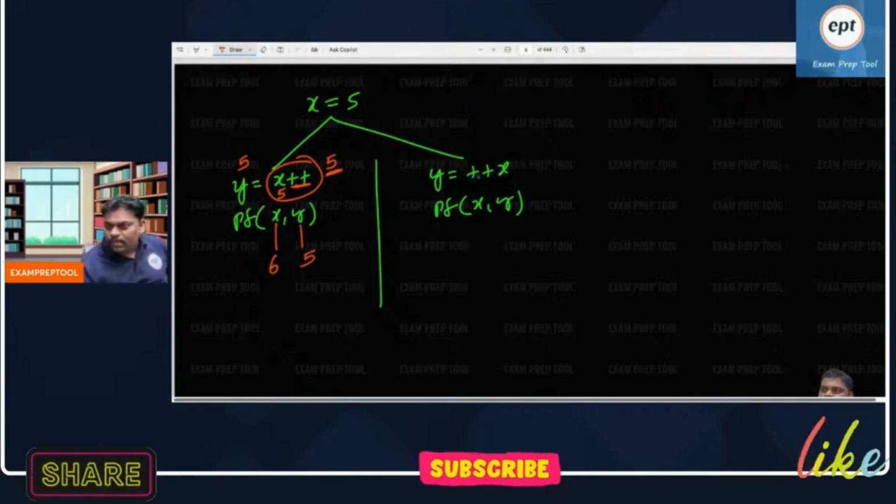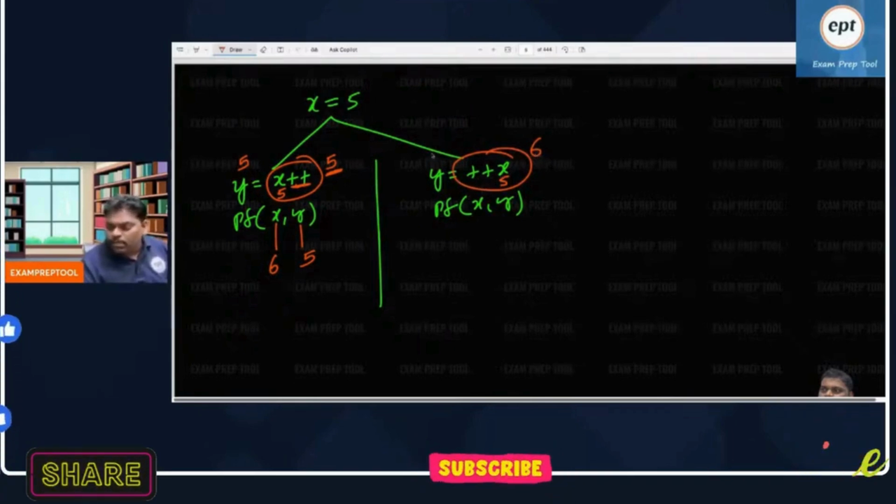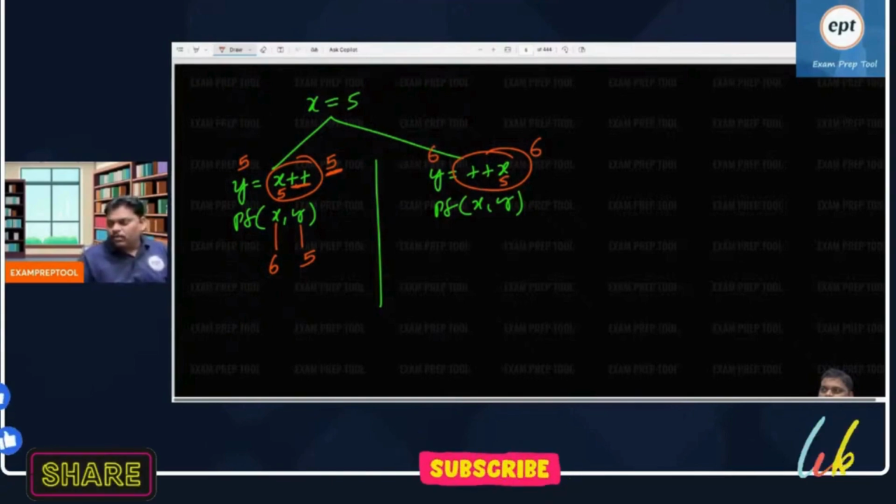Now, can you see the right side? X value is 5, and plus plus 5 is 6 because it is a pre-incrementation. Because it is a pre-incrementation, it will increment here only, so after incrementation, it will store. Pre-incrementation means first increment, then store. What is post incrementation?